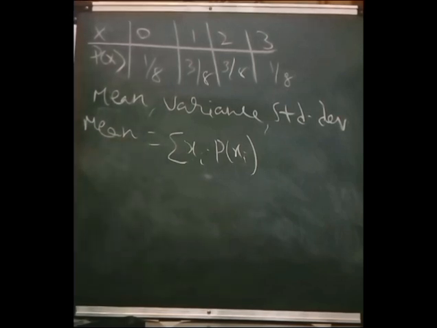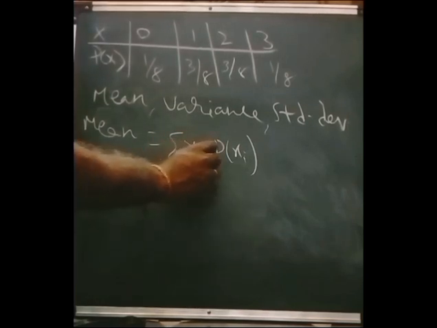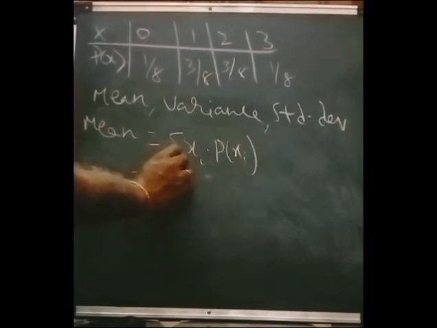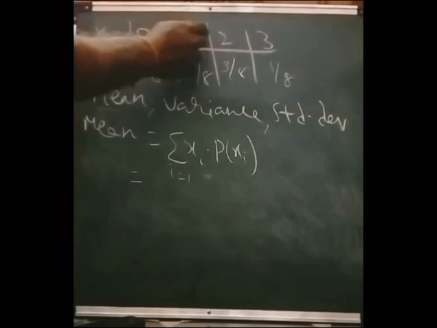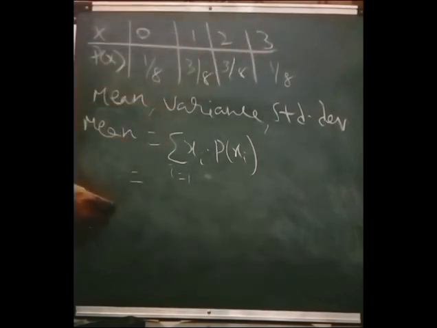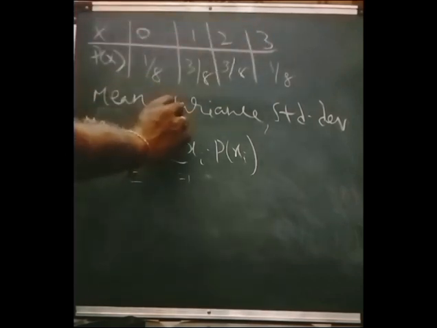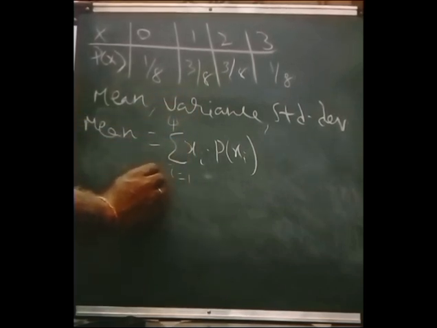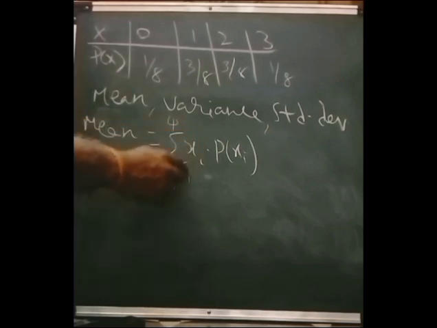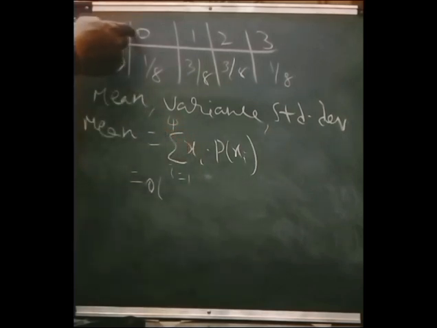In this experiment of tossing a coin 3 times, for the corresponding probability distribution, the mean is sigma xi into p of xi, for i equals 1 to 4, with values 0, 1, 2, 3. x1 represents the first value assigned for the random variable, 0.